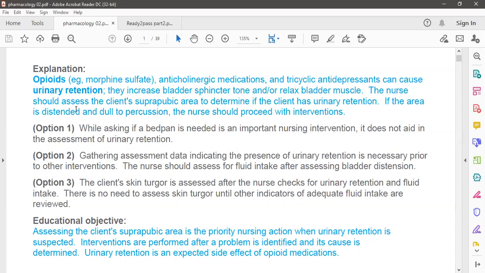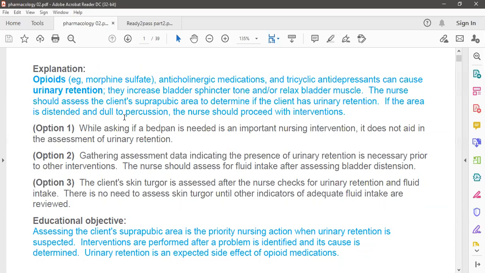The nurse should assess the client's suprapubic area to determine if urinary retention has occurred. If the area is distended, check on percussion, this is the examination of the abdomen. It would be dull. The nurse should then proceed with intervention.